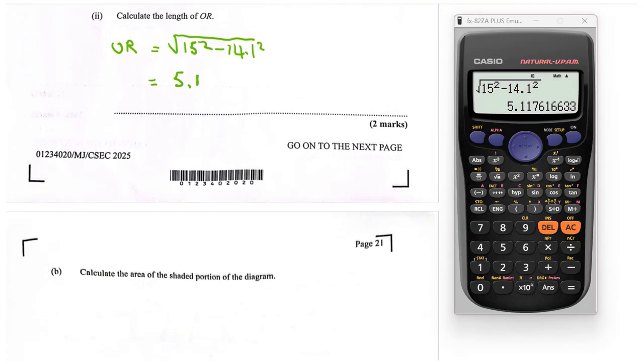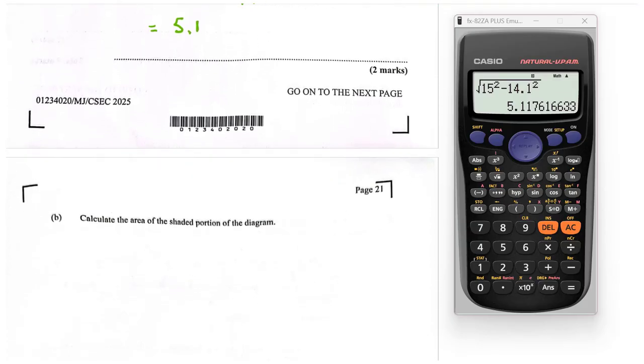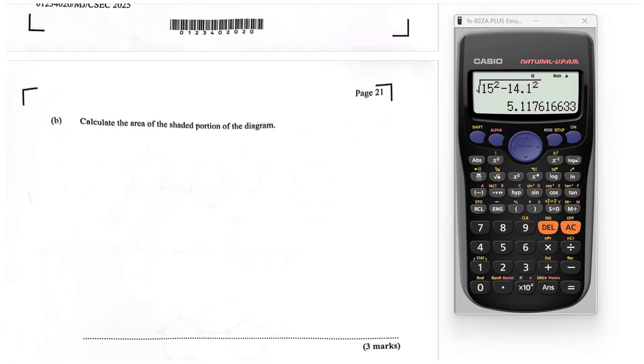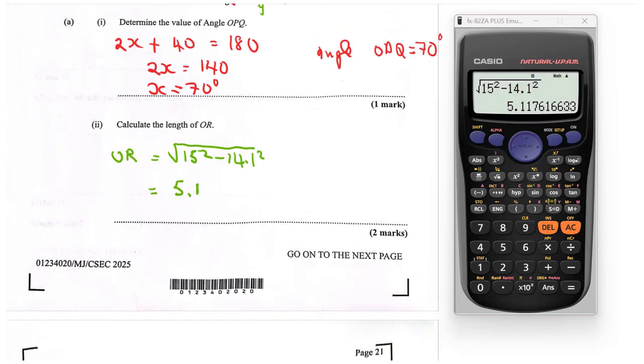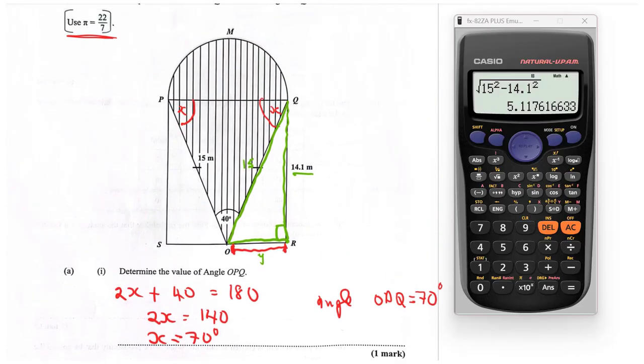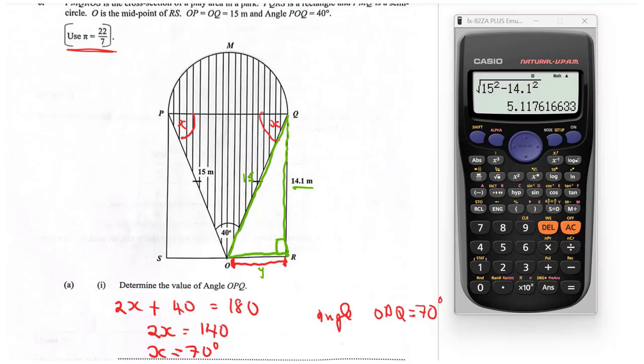Let us move to the next part of the question. It says calculate the area of the shaded portion of the diagram. Right? So 3 marks. Let us go back to the diagram. Now, the area of the shaded portion of our diagram is going to be the area of the triangle plus the area of the semicircle, right?